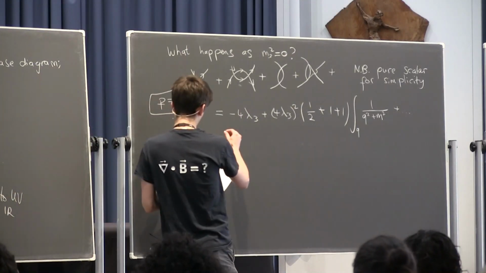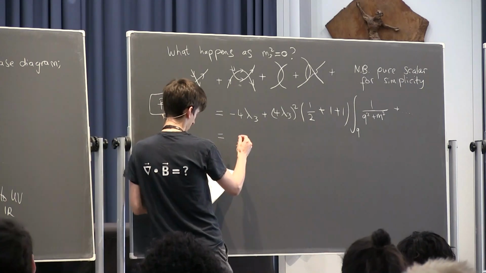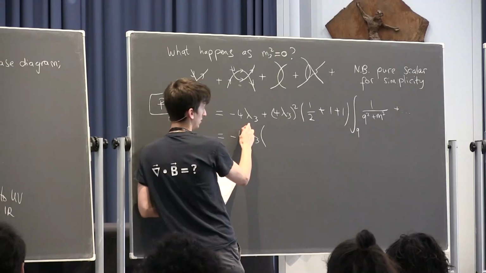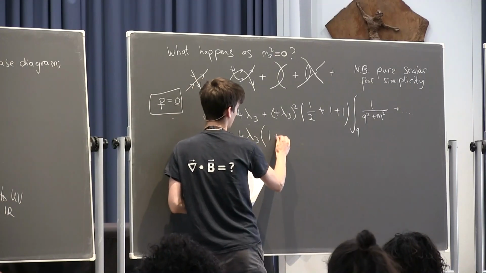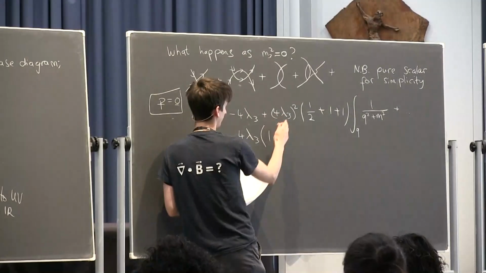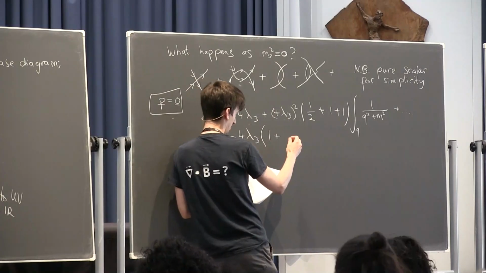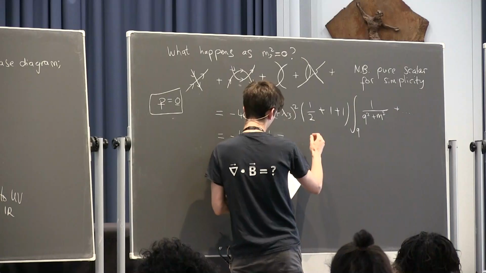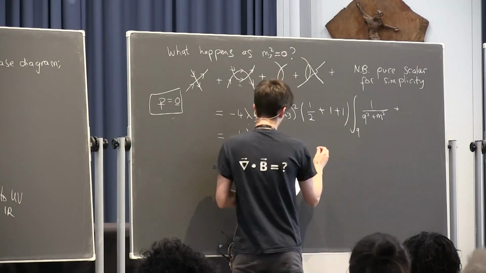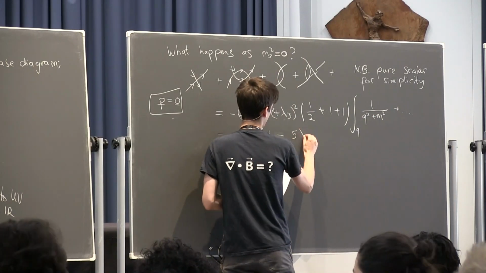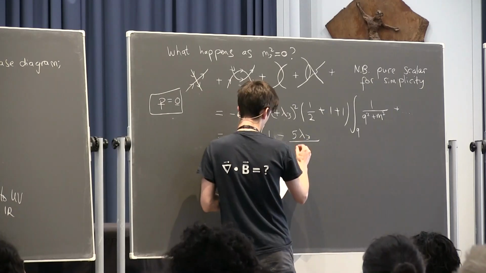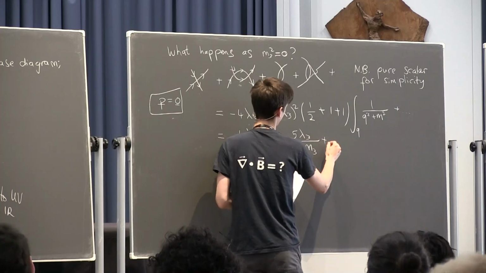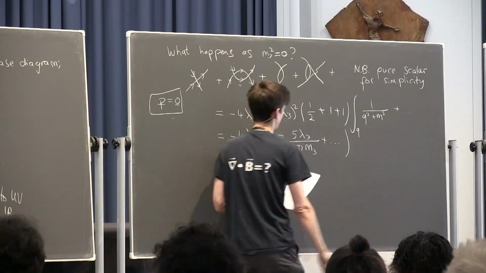And if I do this integral, I find the following. So I can pull out an overall factor of minus 4 lambda 3, and then I get 1 minus, this gives me a 5 over 2, and then I can do this integral and I get 5 times lambda 3 divided by 4 pi m3, plus higher loops.